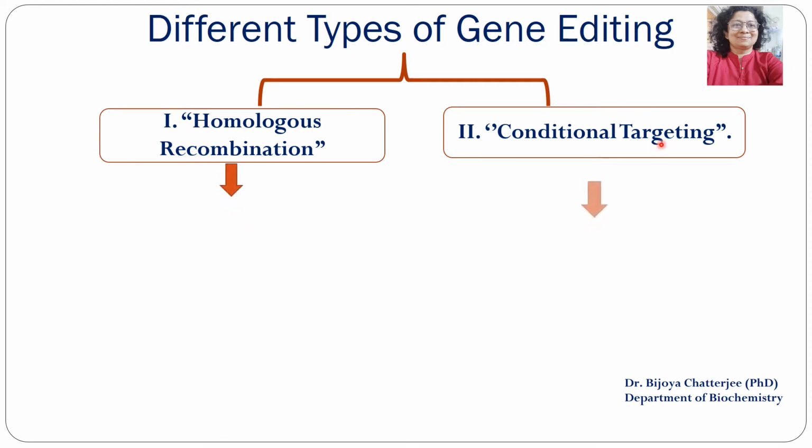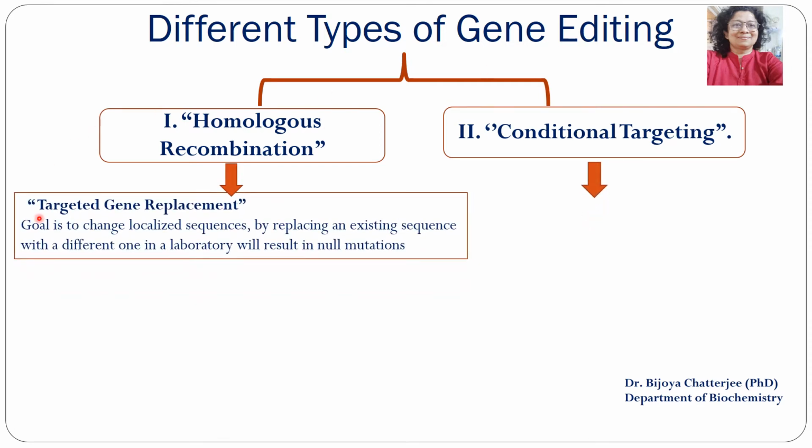Now the homologous recombination is basically a targeted gene replacement wherein the goal is to change the localized sequences by replacing an existing sequence with a different one in a laboratory, which will result in null mutations. Now these localized sequences that replace the existing sequences are actually made in a laboratory.